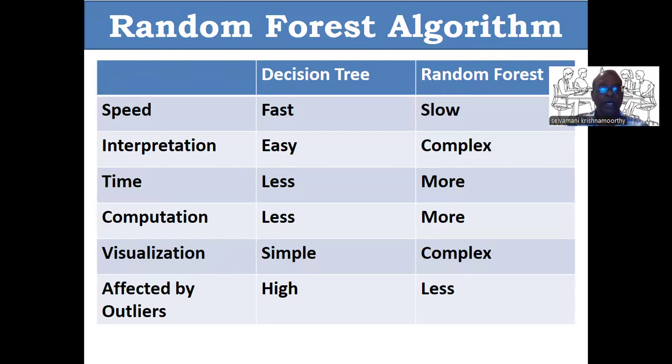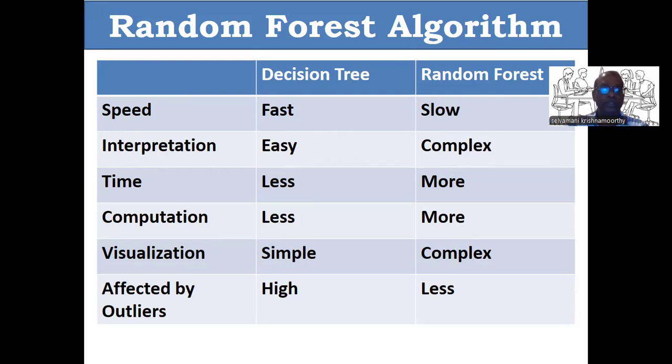Before that, we will see how the random forest algorithm differs from the decision tree. Speed-wise, the decision tree is very fast, random forest is slow. A decision tree means only one tree, whereas in random forest many decision trees are created. Interpretation: a decision tree is easy to interpret, whereas random forest is somewhat complex. The decision tree needs less training time and less computation; random forest needs more.